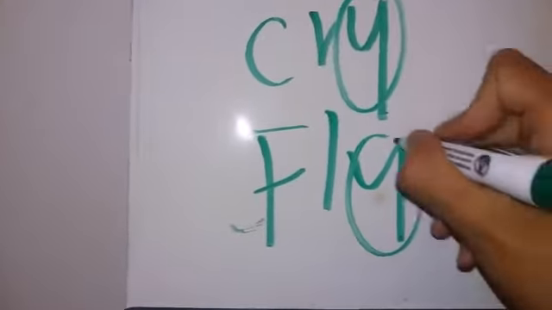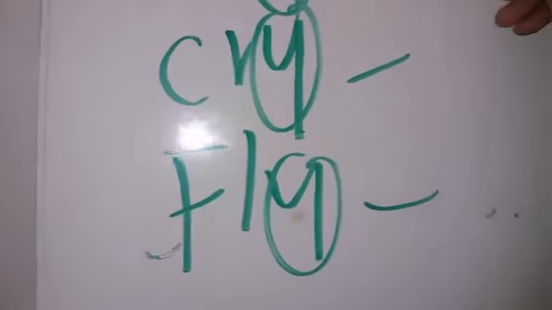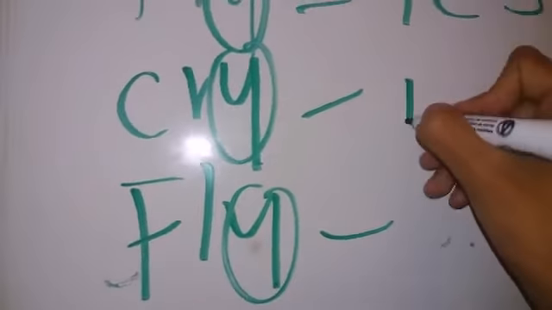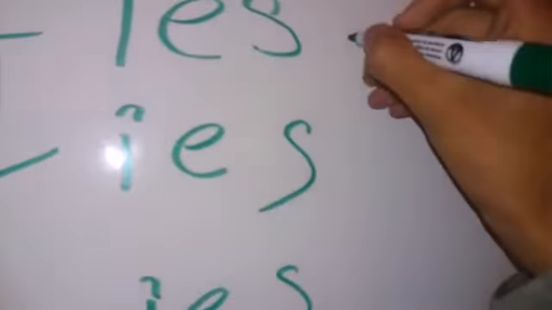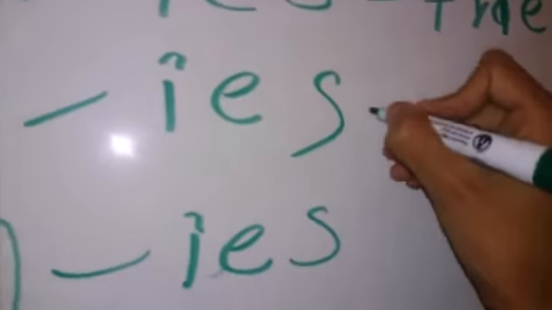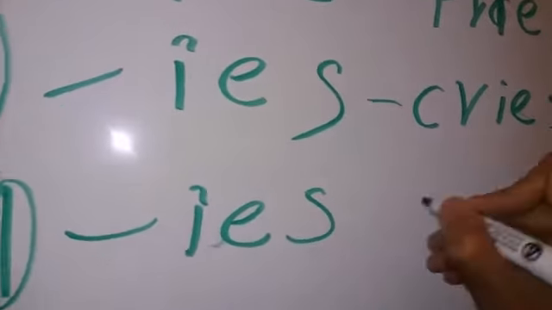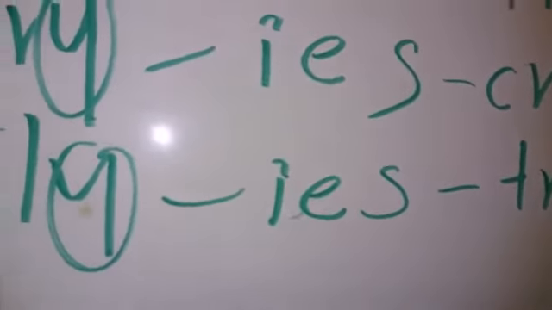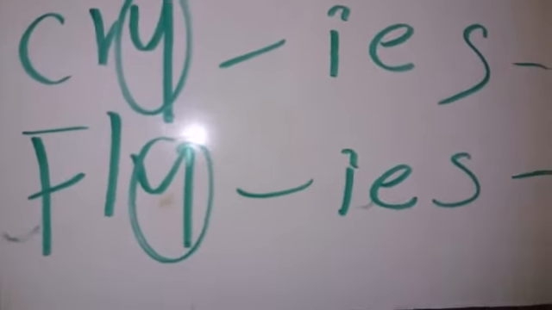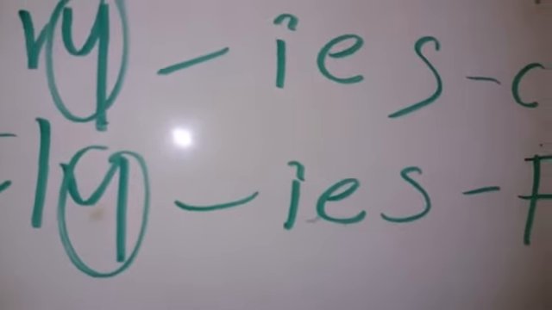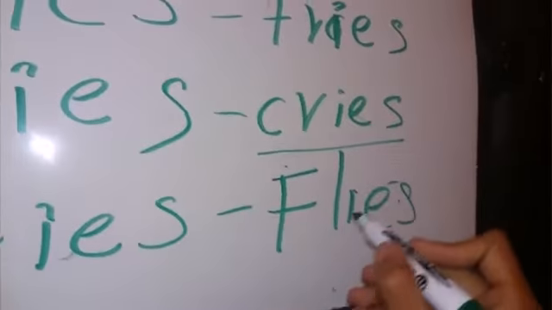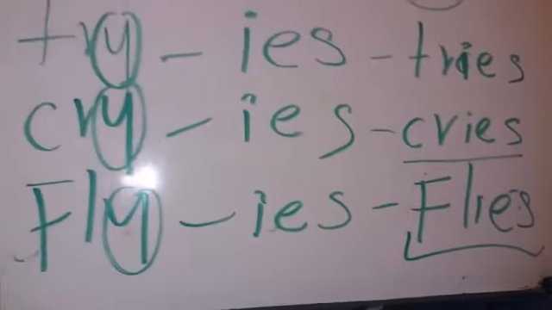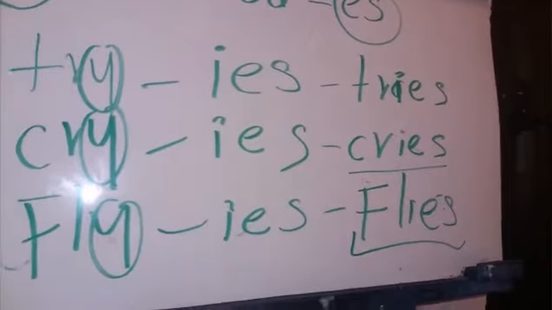These verbs end in consonant plus y, so we change the y to i and add es, I-E-S. So the verb try: tries for the third person. Cries, tries, flies. So the pronunciation is tries, cries, and flies. It's to form the third person in these verbs.